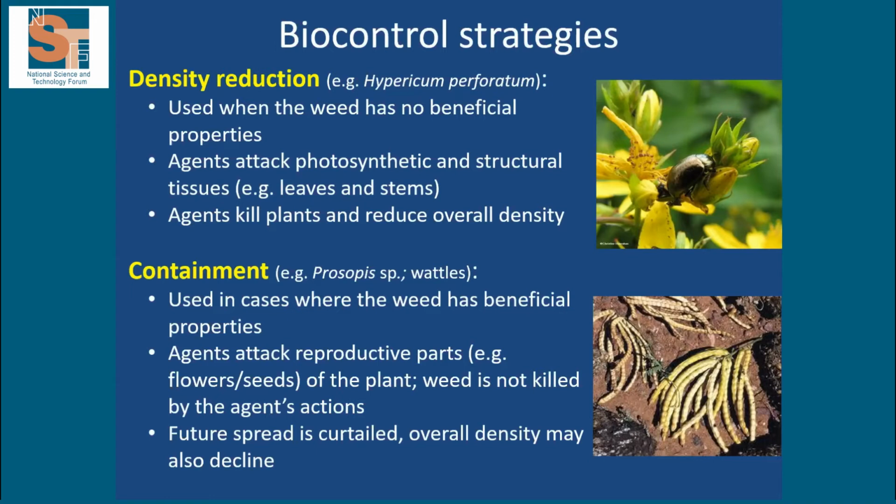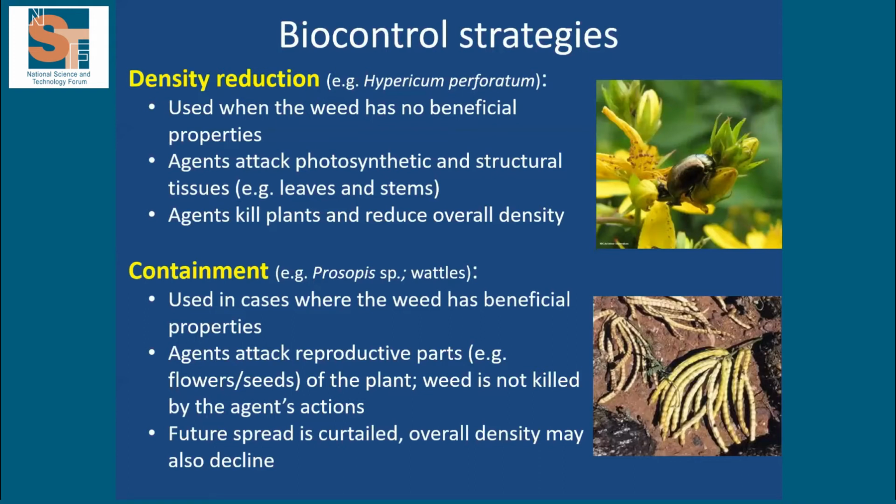The other strategy that is utilized more often in a case where species are considered beneficial would be one of containment. Good examples of these, which I think some of you may be familiar with, would be the management of prosopis in the Northern Cape in particular, as well as wattles throughout the South African region.